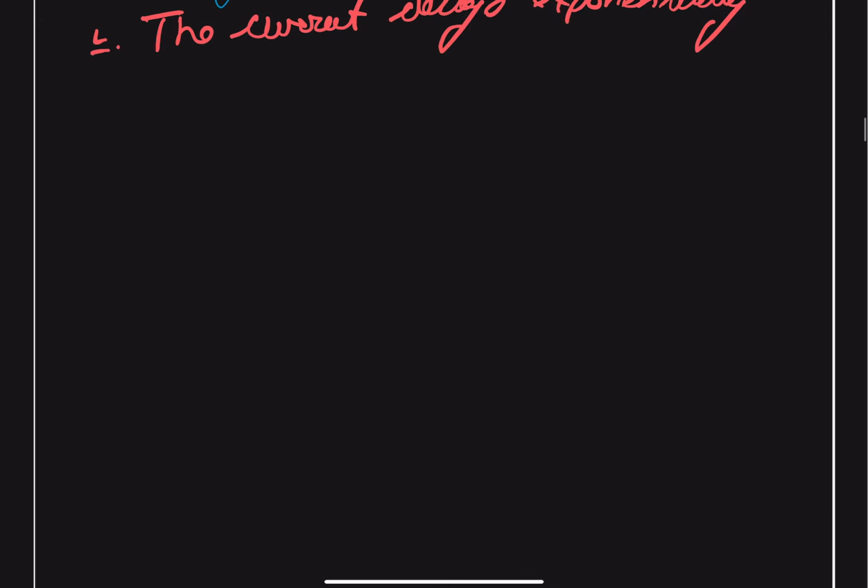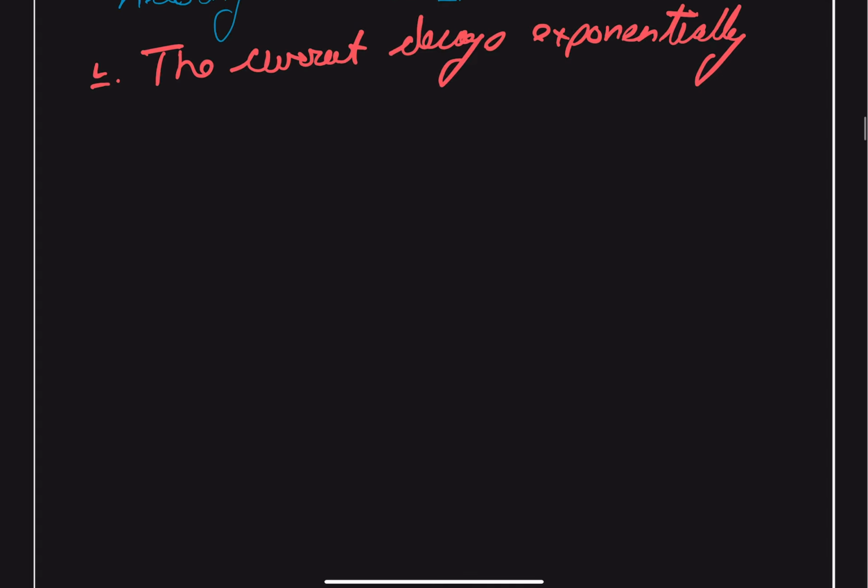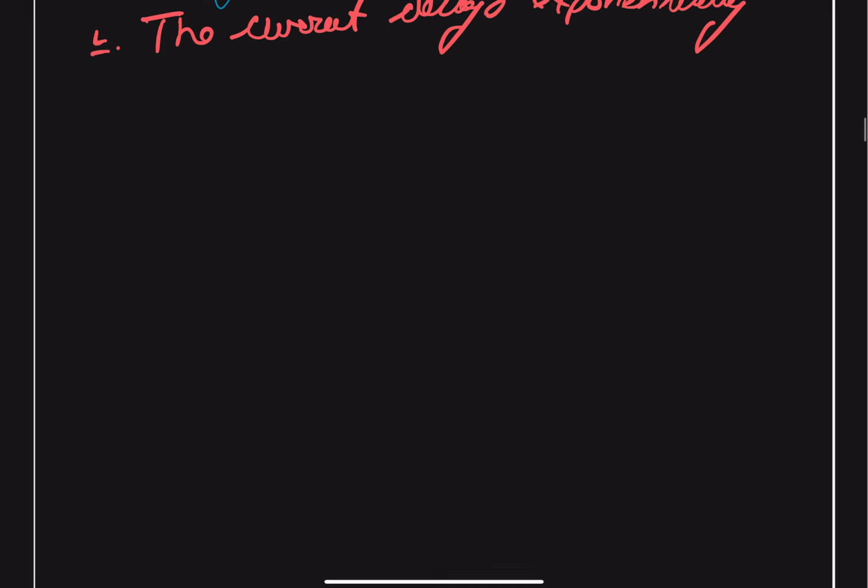So we can write, for a series LR circuit with a current I1 which is decaying exponentially, I of t is equal to the initial current I1 times e raised to the power minus R upon L times (t minus capital T).